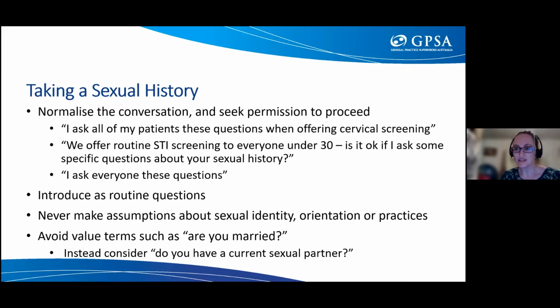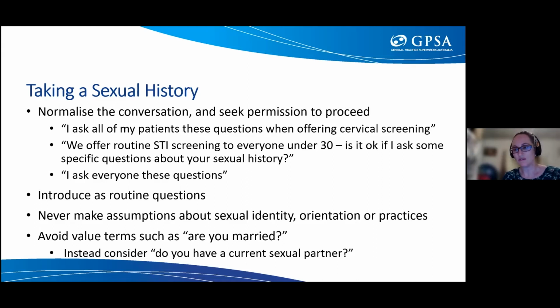So it's really good as a supervisor to spend a bit of time going through what a sexual history should look like and working with your registrar to make sure that they're taking an adequate sexual history, because it is a bit of a learned skill and it can be quite uncomfortable sometimes for newcomers to get their head around what sort of language to be using. There's often cultural influences and sometimes male registrars might find it difficult asking female patients sensitive questions for the first time that they might not be used to asking. So there's a lot of factors going on that can make it a tricky consult to learn.